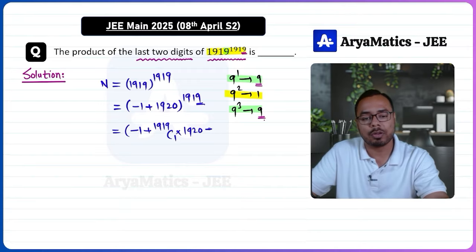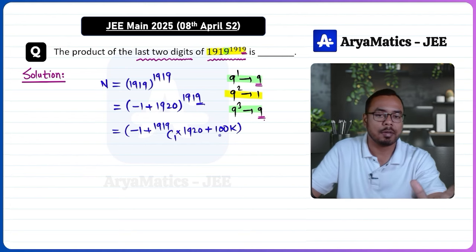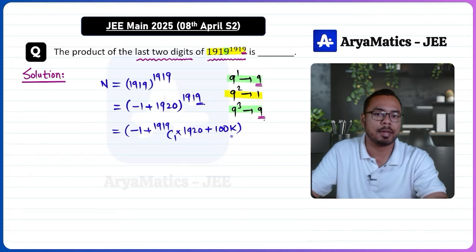So you can combine all of those and say that all the terms after the second term are multiples of 100. Now, if a number is a multiple of 100, then it will not contribute to the digit at the unit place or the tenth place, right?